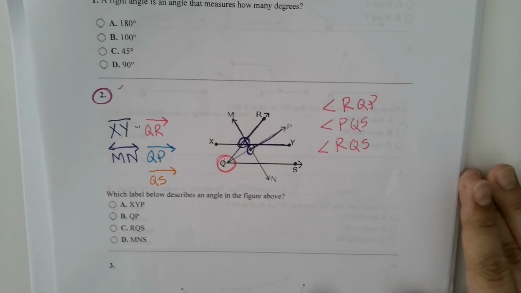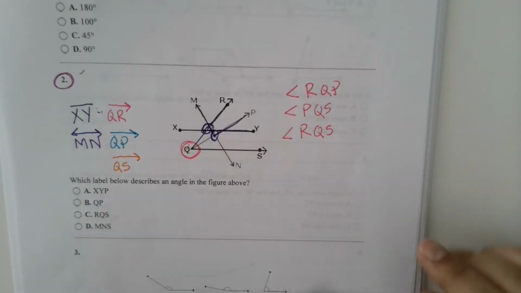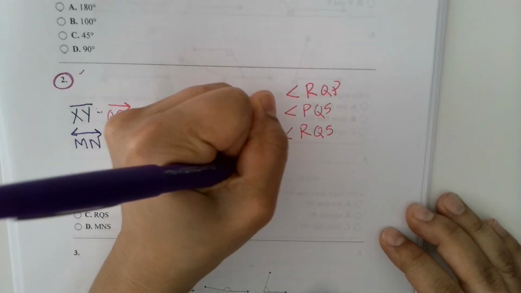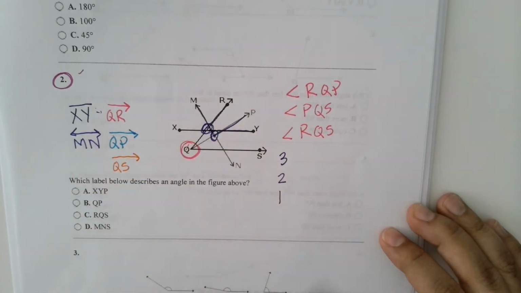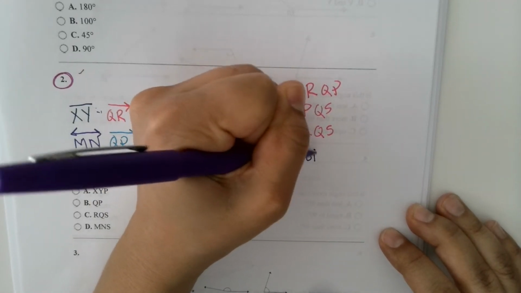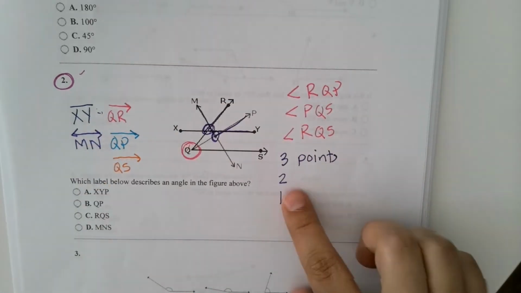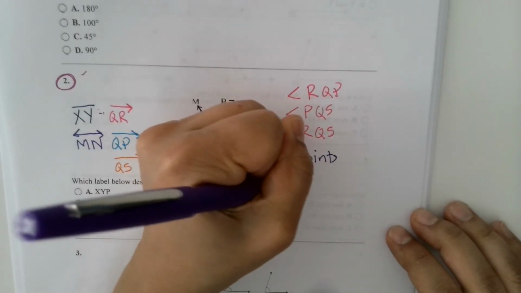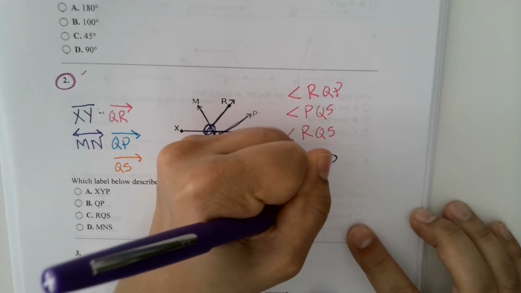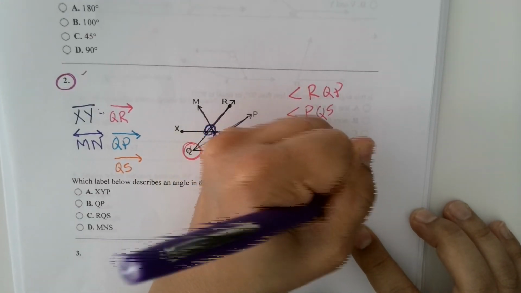In order for lines to form an angle, it has to have a few things. Remember, we called this 3, 2, 1. It must have 3 points, 2 lines, and 1 shared endpoint.